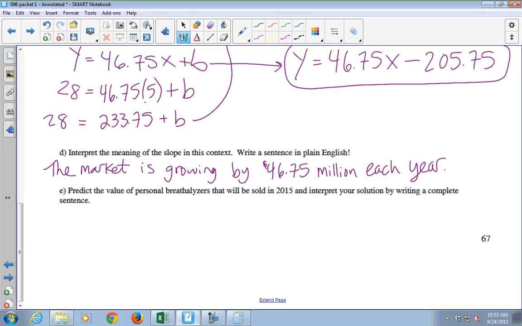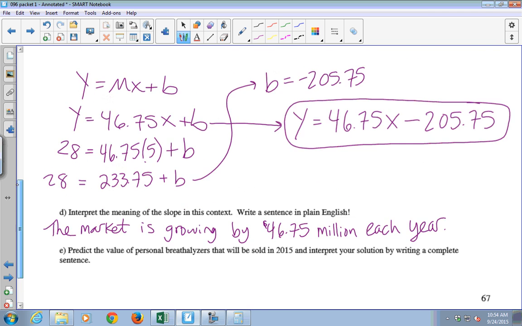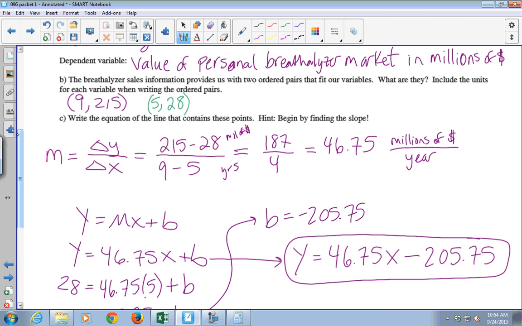And if I want to predict the value of personal breathalyzers that will be sold in 2015, that's what my equation is for. Okay. I only have the value of the market for 2 different years. I know the value in 2009 and 2005. So the article didn't tell me anything about the current market value.